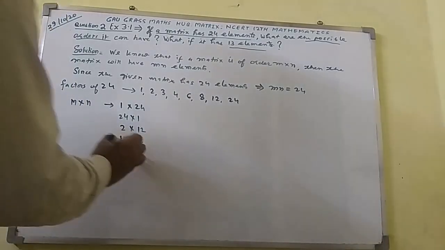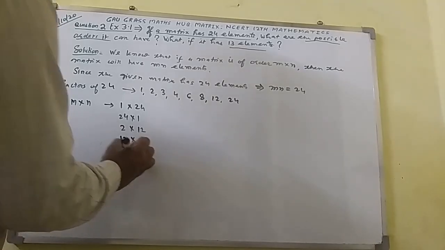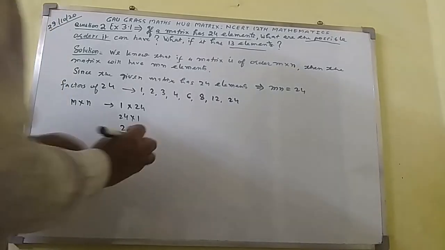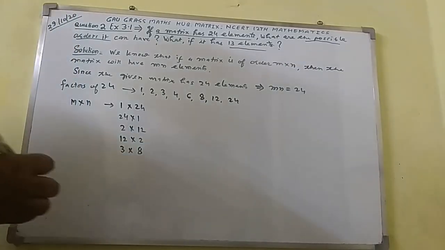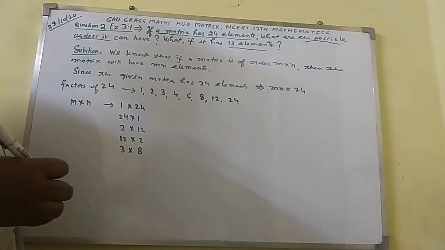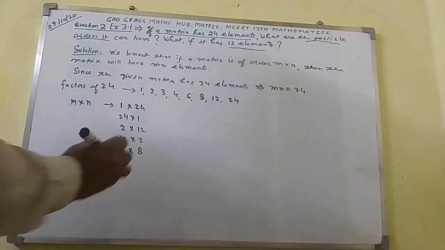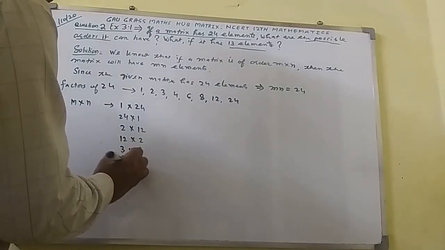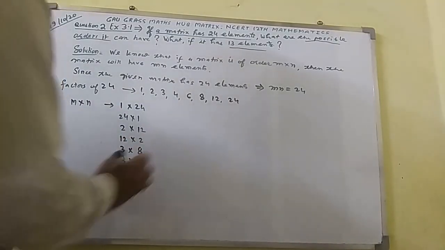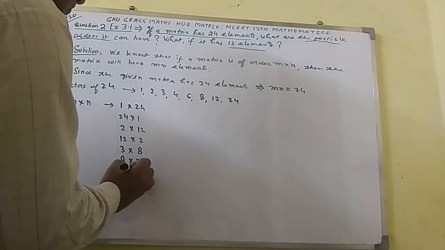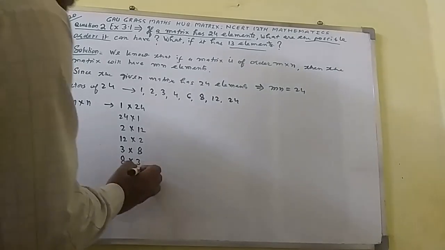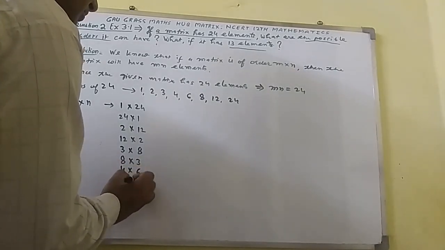After that, take 3. Then you take 8, since 3 times 8 is 24. So write 8 into 3. Now take 4, so you will get 6, so 6 into 4.